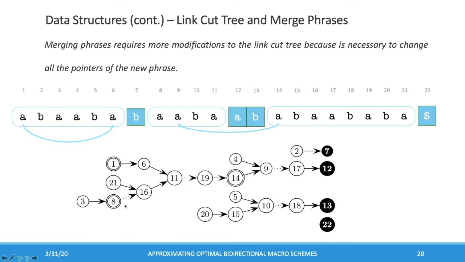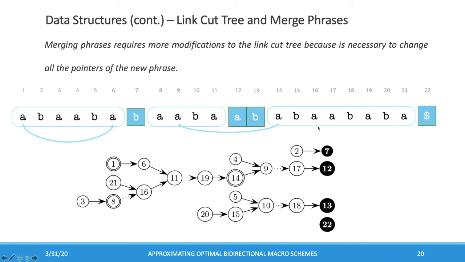Let's see how the linked tree and the merge operation work together. Merging phrases requires more modification to the linked tree because it's necessary to change all the pointers of the new phrase. So we have this example, right? We have this macro scheme, and we have done a merging operation in the second phrase, and now we need to remove all the old pointers.